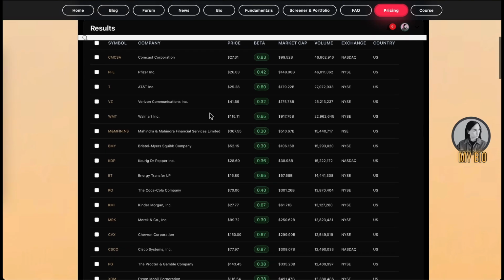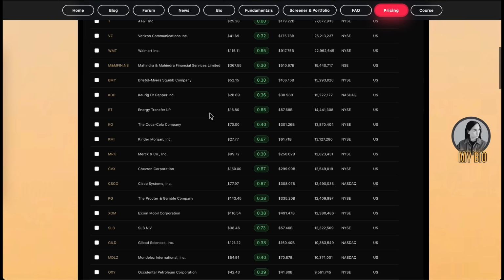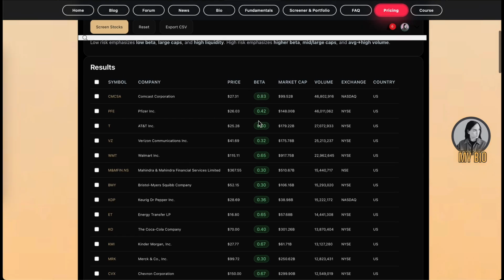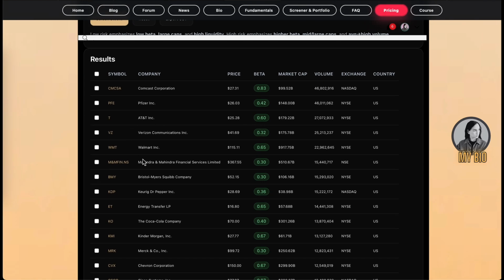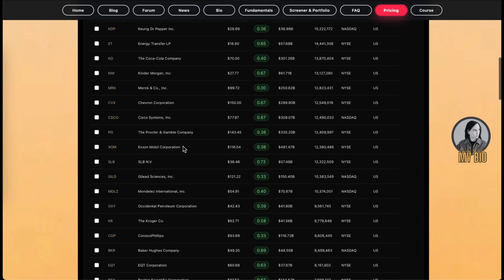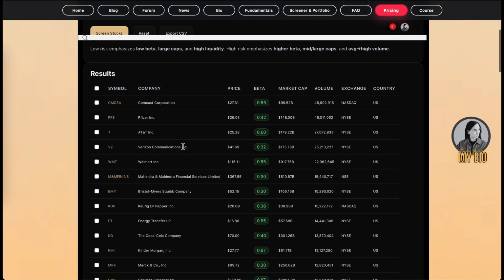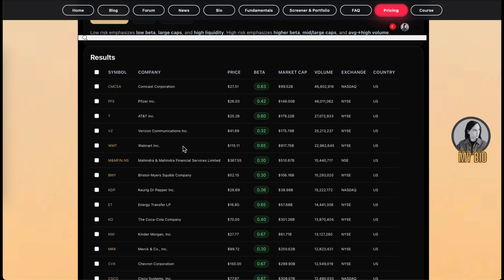So, from this list of companies, you can choose different companies. These are stocks tailored to your risk appetite. For example, you want to buy a Walmart share from this list. These are all, as I have said, stocks that are tailored to your risk. And you can choose the Walmart share, for example, but the problem is that the stock price is $115, and you don't know whether this is expensive or not at the time of purchase.